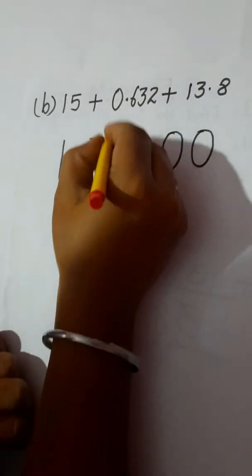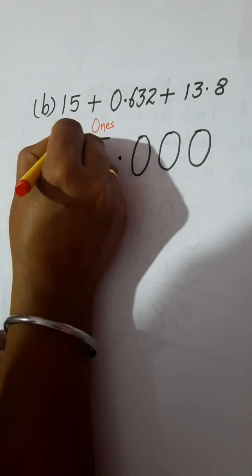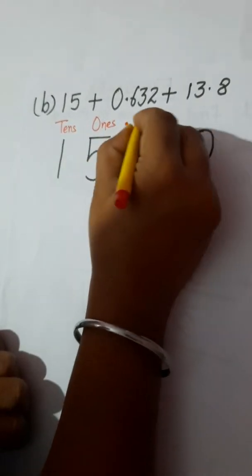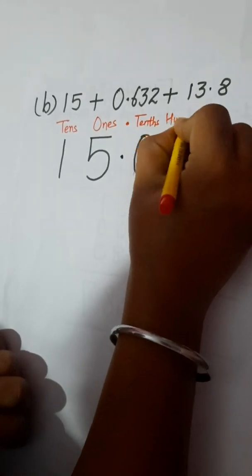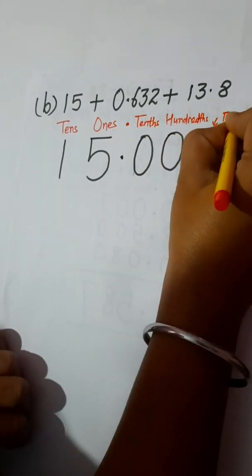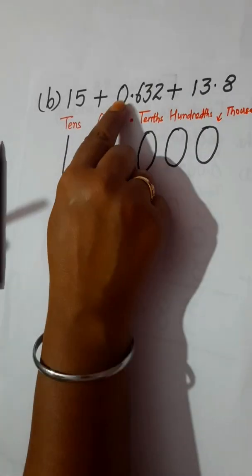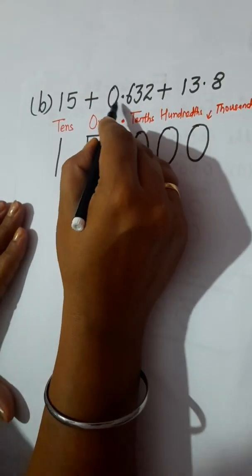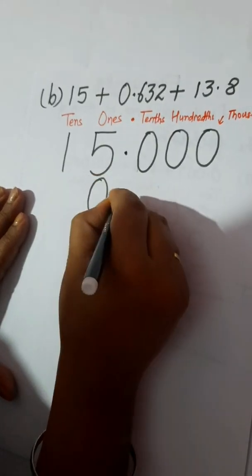Now this 5 before the decimal is at the ones place, then the tens place, then this is the tenths place, hundredths place, and this is the thousandths place. Now next we have 0.632. This 0 is at the ones place, so I will write 0.